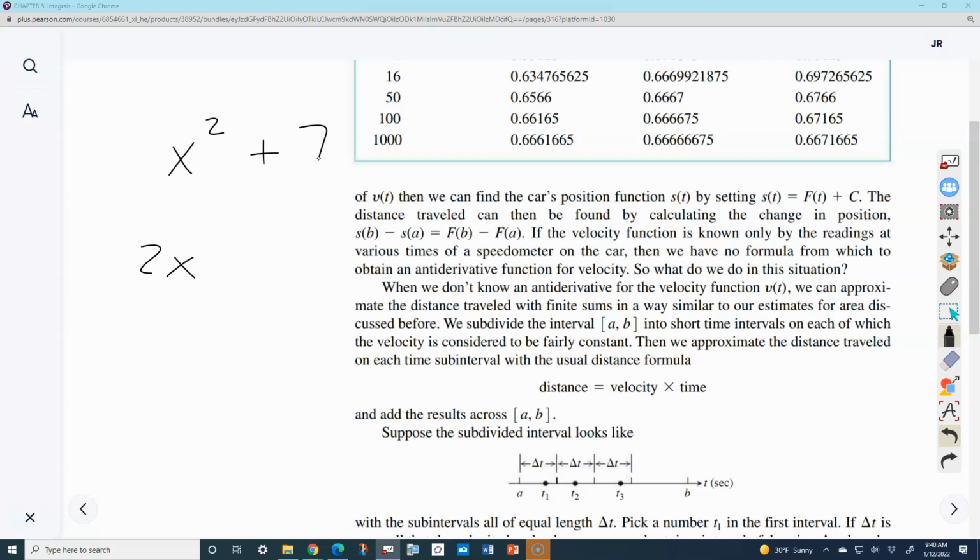What's the derivative of 7? 0. So the derivative of x squared plus 7 is still 2x. What's the derivative of x squared plus 1,000,000? Still 2x. So then the antiderivative of 2x is x squared plus a constant that we don't know. Constant might be 0. But it might be something else.